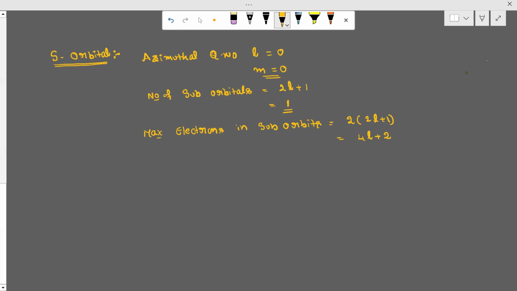L is equal to 0 for s orbital. So that is 2. So the maximum electrons in the s suborbital is 2 electrons.